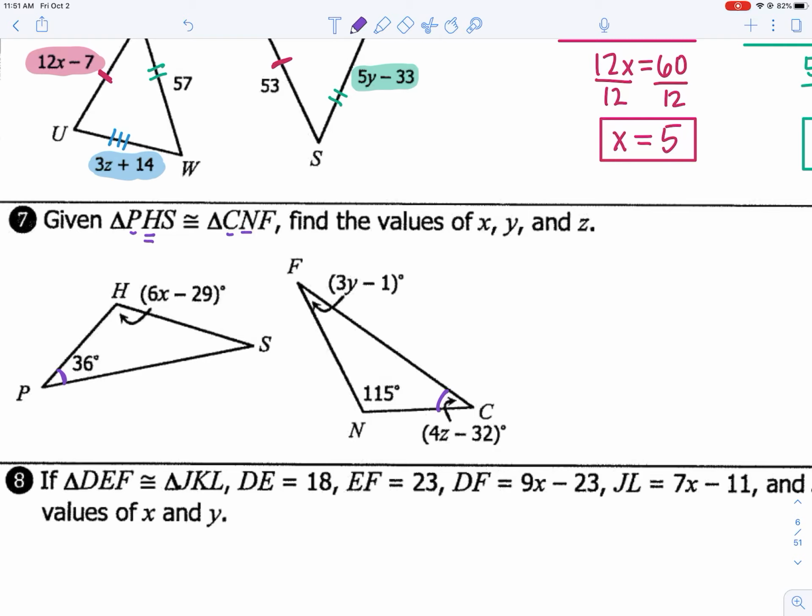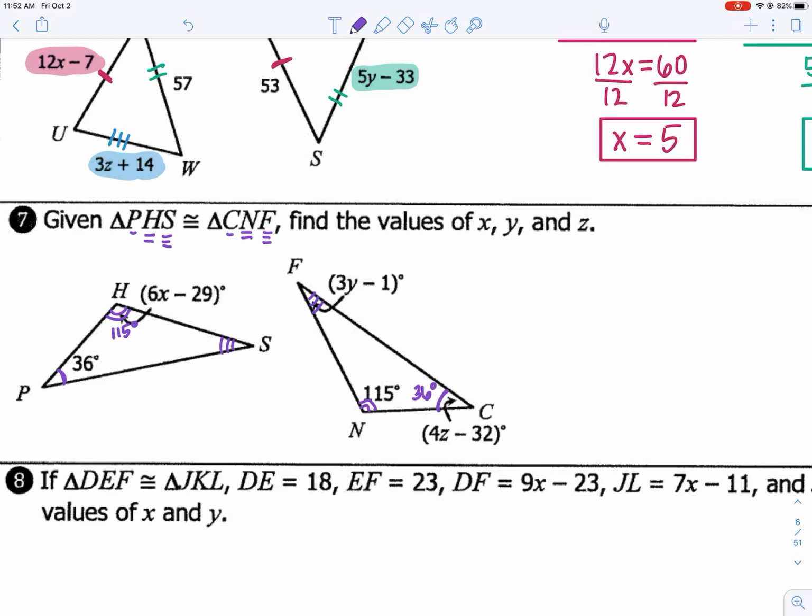H is congruent to N, so both of those will have 2 tick marks. So if H is congruent to N, then we know that N is 115. I can go back since P is congruent to C, I know C is going to be 36. Then my last one, S, is congruent to F, so I'm going to put 3 tick marks on those.